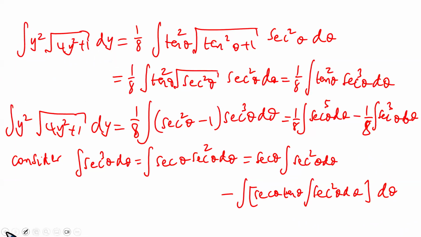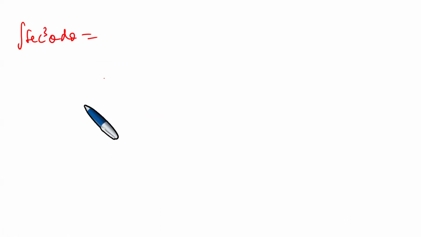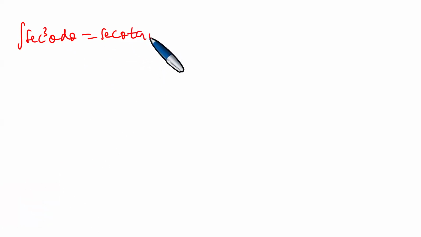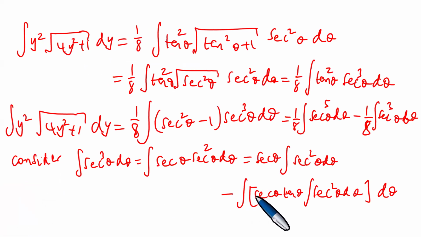Which equals, you have here this one. Now you'd have the integral of the secant squared, which is the tangent. So this is going to be sec theta tan theta. And now you would need here a minus.